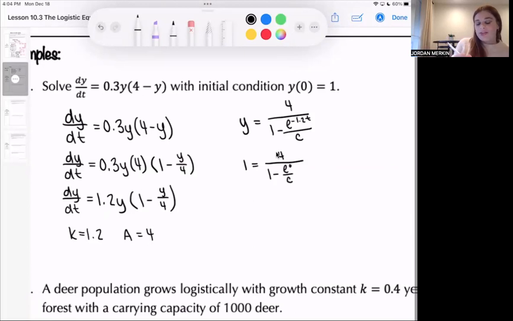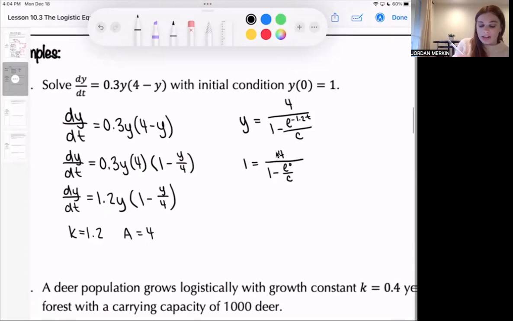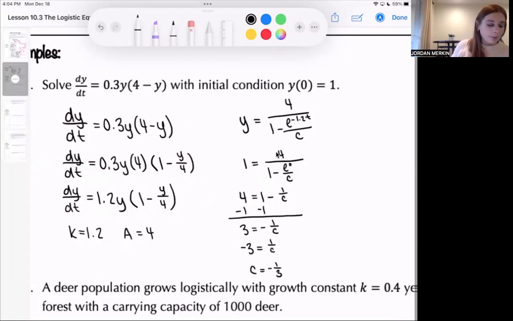Well, if this fraction equals 1, it means the numerator and denominator need to be equal. And e to the 0 is just 1. Subtract 1. 3 is equal to negative 1 over c times negative 1, or divide by negative 1. Negative 3 equals 1 over c. That means c equals negative 1/3.